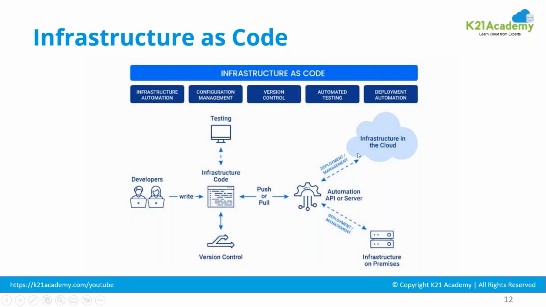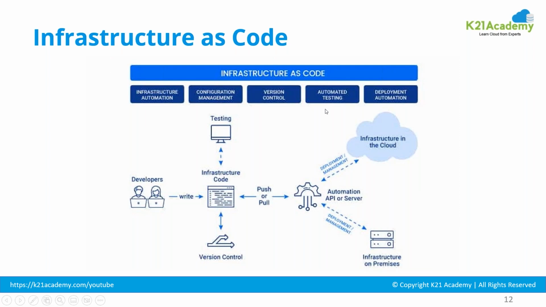Then you are going to have an infrastructure, either on-prem, or you can have the deployment or management on the cloud as well. So anywhere you can use it. That is deployment automation.